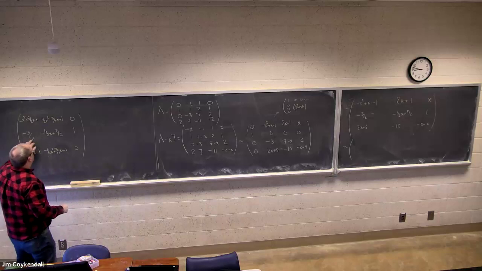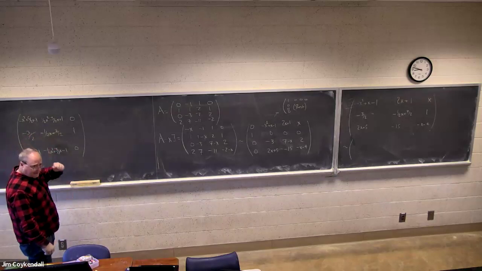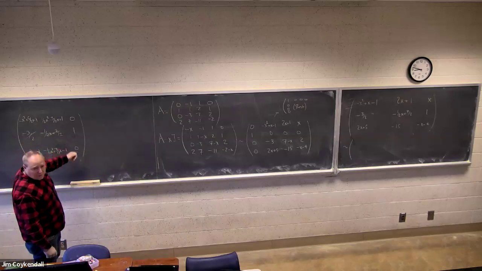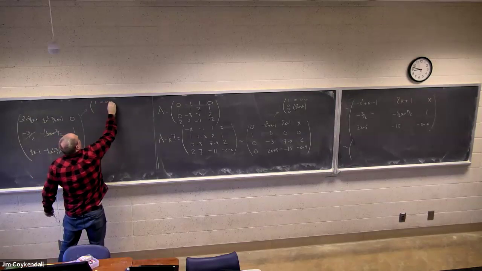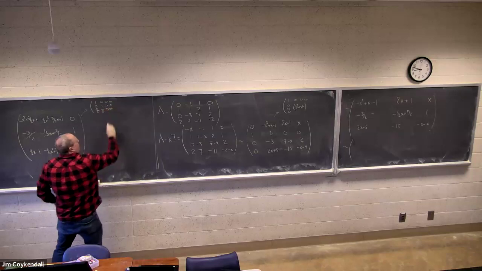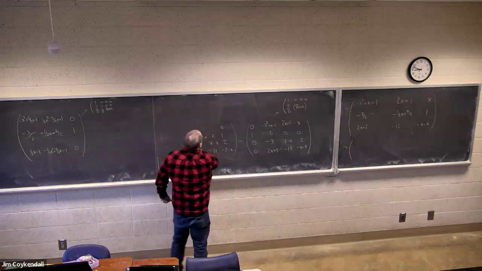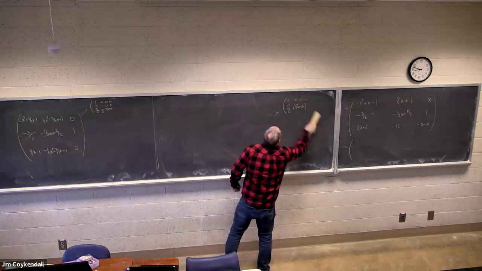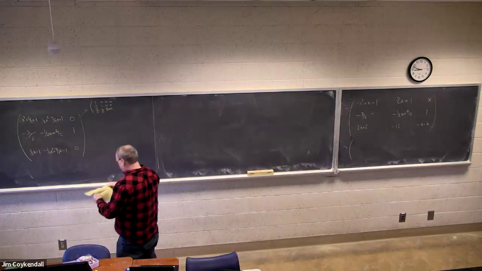And again, I can sweep this out, because I've got another one of the ones. So now what I have is 1 0 0 0 0 and the rest. And now this is more manageable, because now what I have is this 2 by 2 thing.